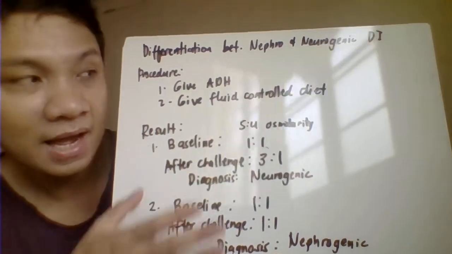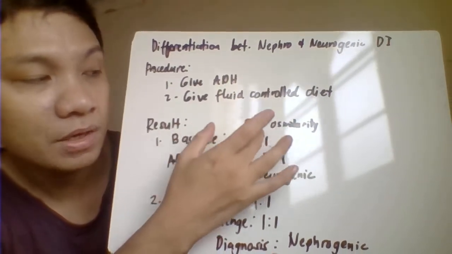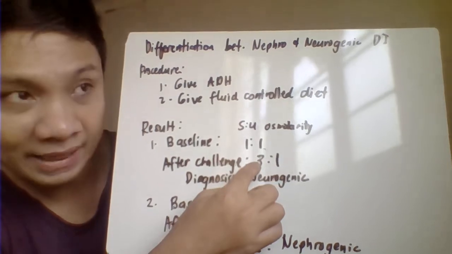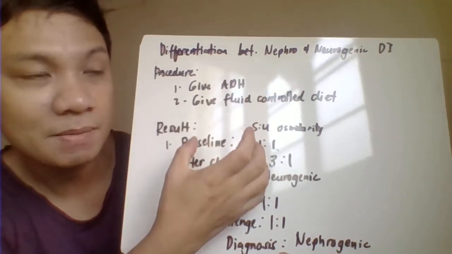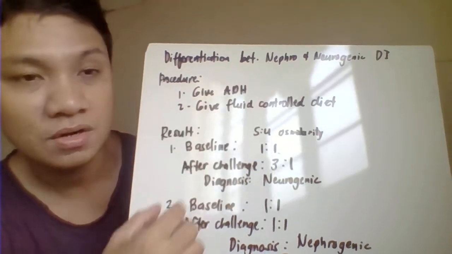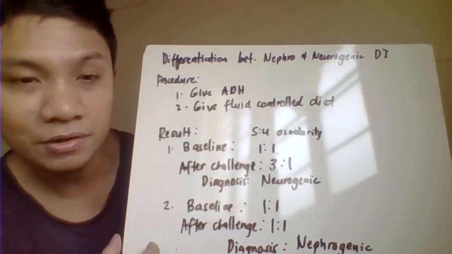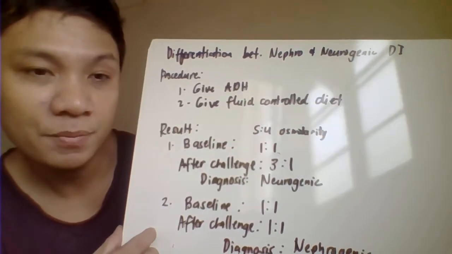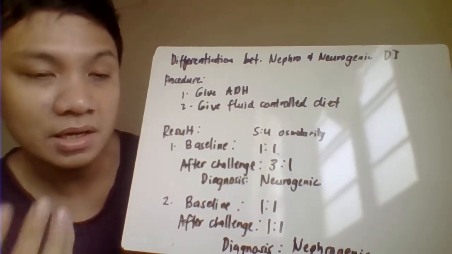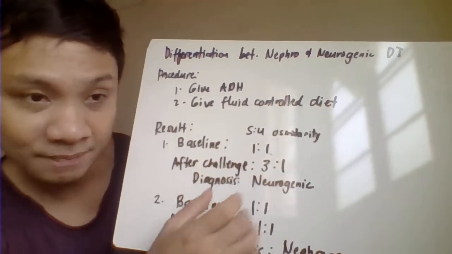If before the challenge the serum urine osmolarity of the patient is 1:1, then after that you challenge the patient by giving ADH and a high fluid control diet. And after the challenge, the serum urine osmolarity of the patient increases to 3:1.